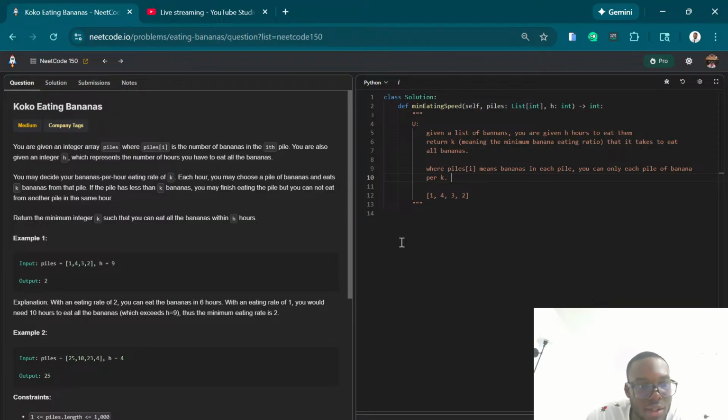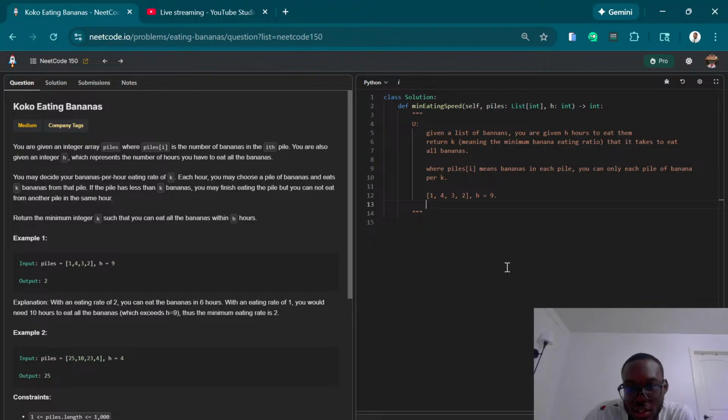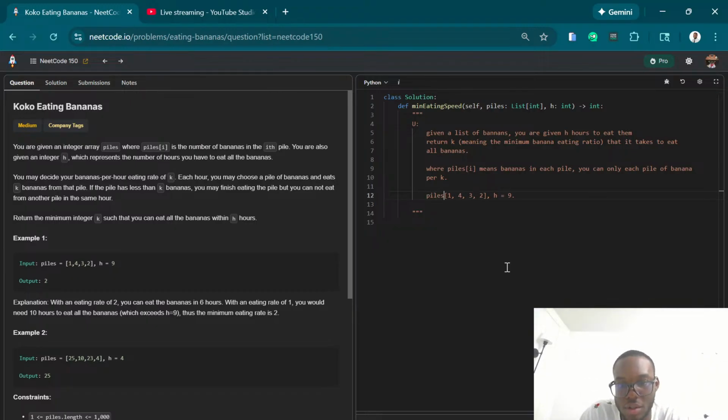Okay, great. So for example, what is it equal to? That means the sum of piles here. So far it equals 10. I'm solving this question on LeetCode.